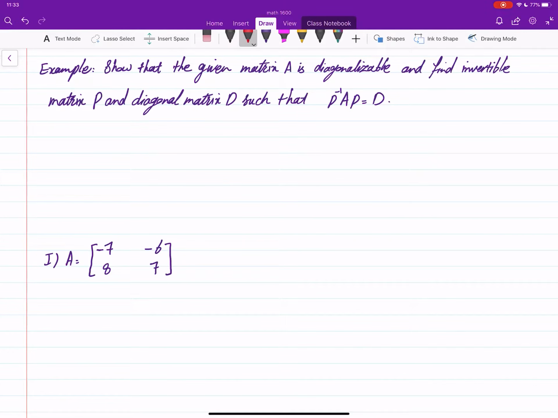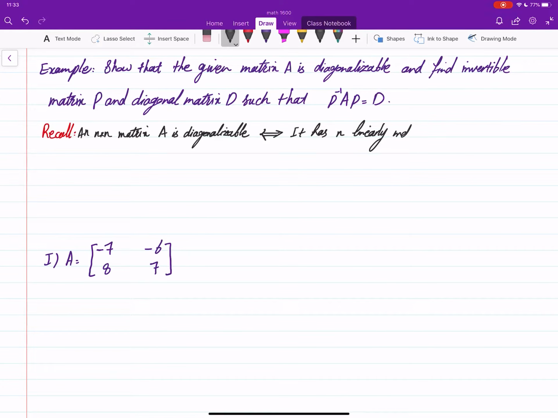Well, first recall that an n by n matrix A is diagonalizable if and only if it has n linearly independent eigenvectors.